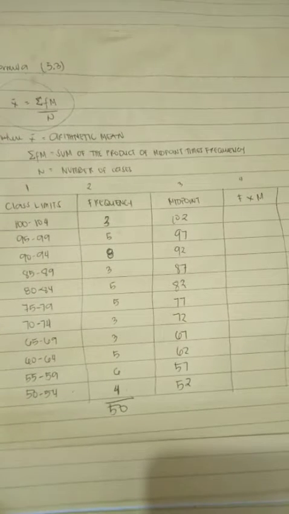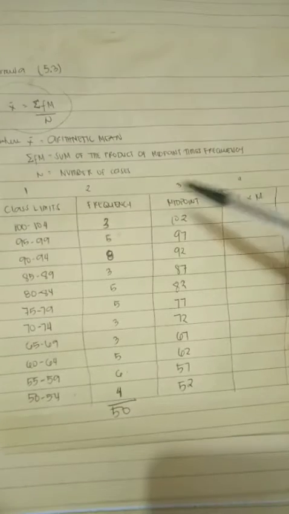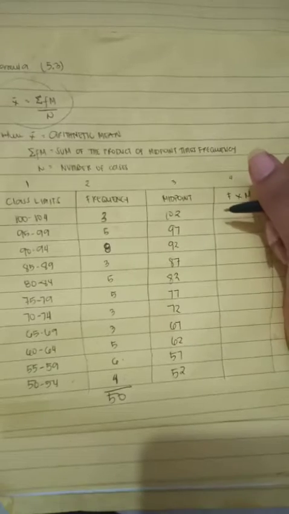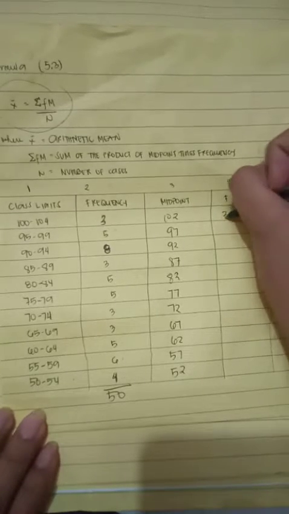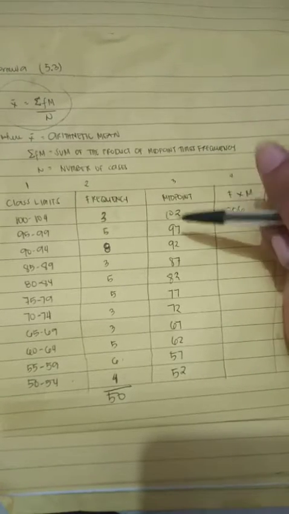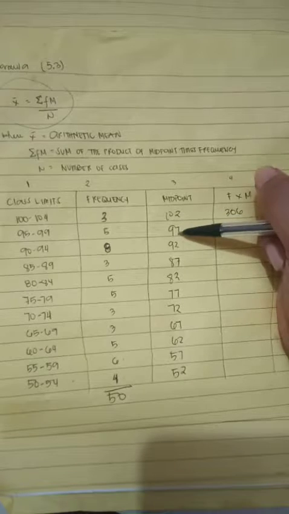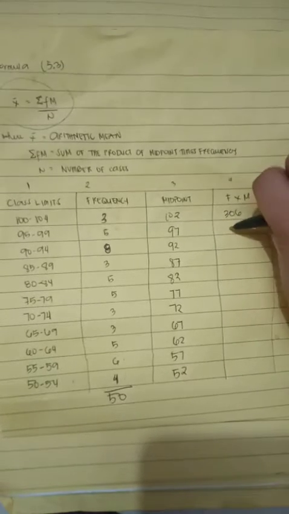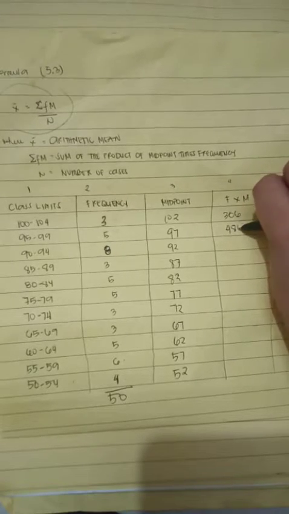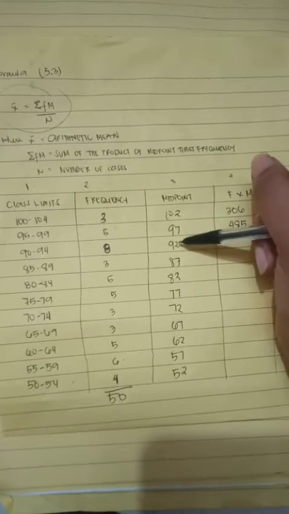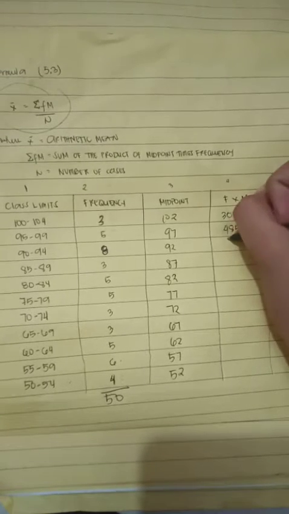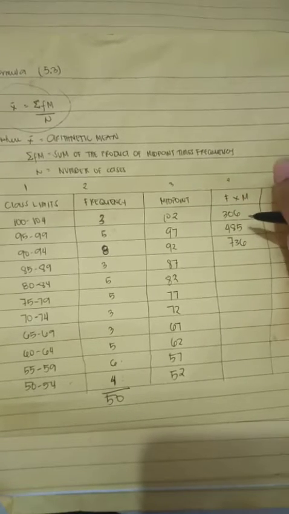So we have 102 multiplied by 3 is equals 306. 97 multiplied by 5, we have 485. And then 92 multiplied by 8, we have 736.